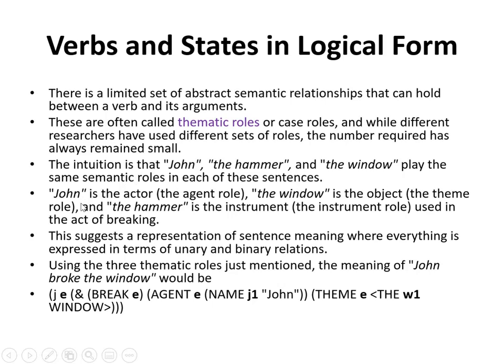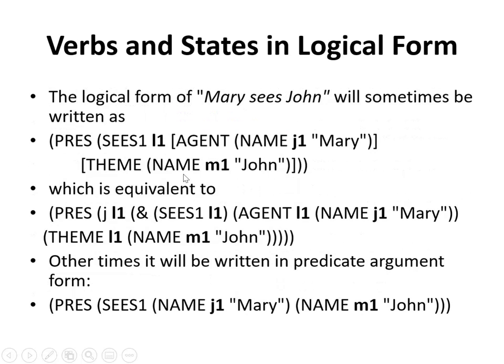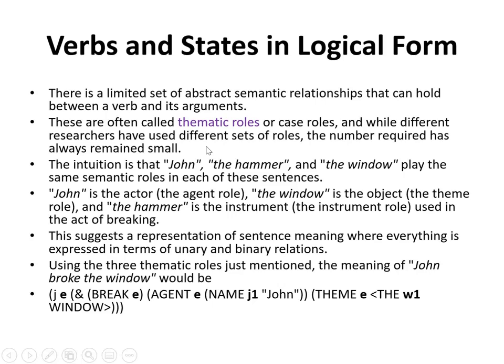John is the actor, so that is called the agent role. In Mary sees John, Mary is the actor who is seeing something, which is why we have written agent. Then the hammer is the instrument, so we have written INSTR, and the window is the theme, that is the object we are working with.